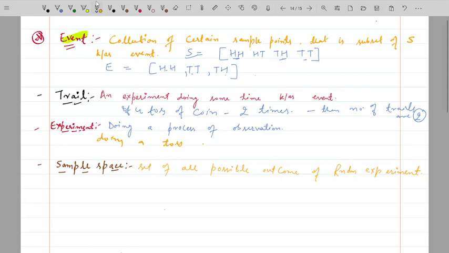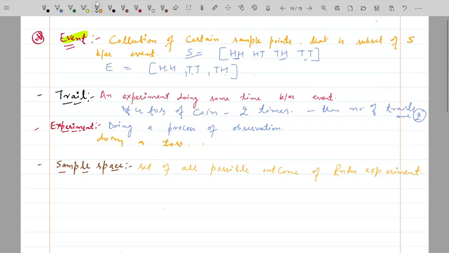If you toss a single coin, the possible outcomes in the sample space are only head and tail, and if you collect some sample points, it may be only head or tail, that is the event. So doing or observing the possible outcomes of an experiment is called an experiment.